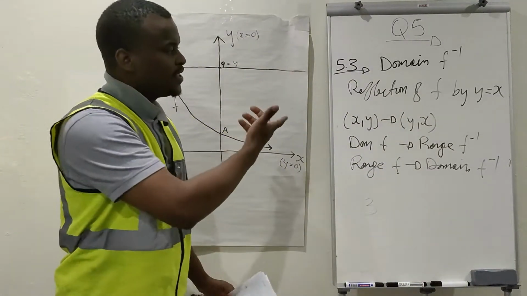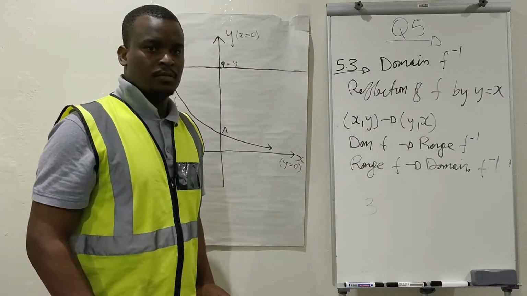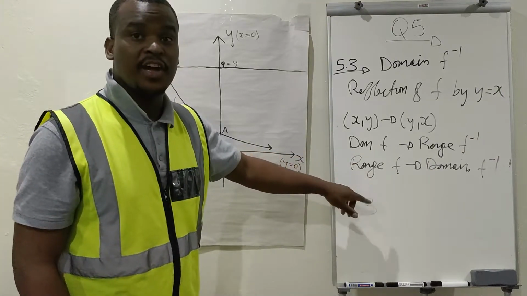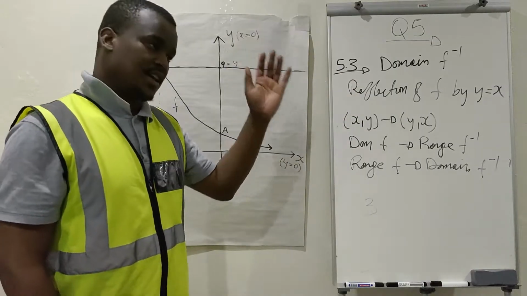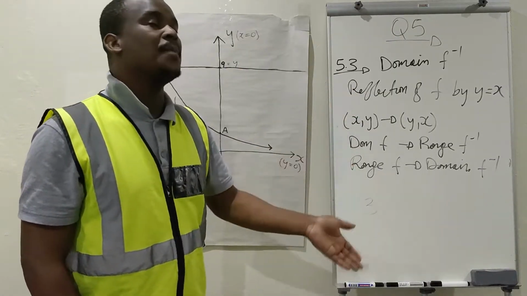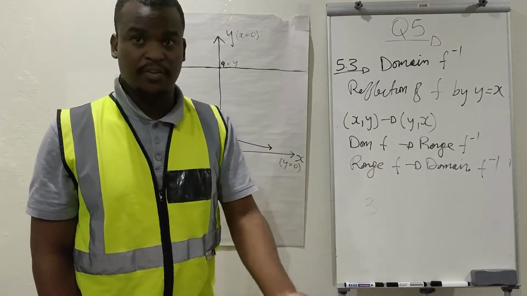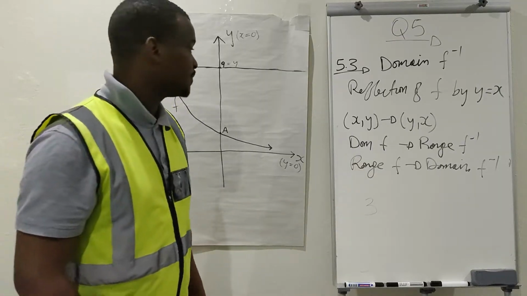Because like I said, you swap this thing around by reflecting it by that line. So the important things you must know are the domain of f and the range of f. Then you know that the domain of f will become the range of f inverse, and the range of f will become the domain of f inverse. That's one way of approaching this.